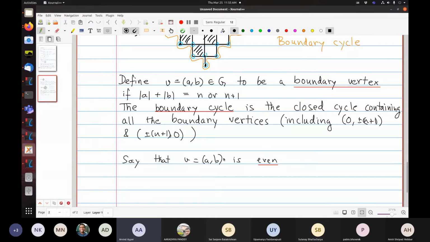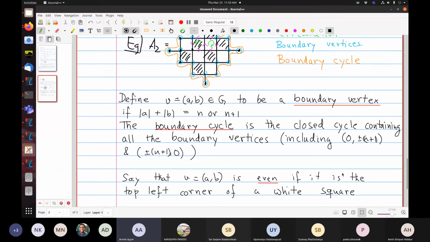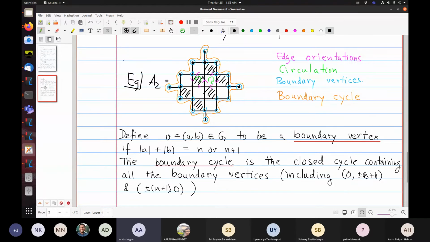This is not the usual definition of even. It is even if it is the top left corner of a white square. So this one is even.